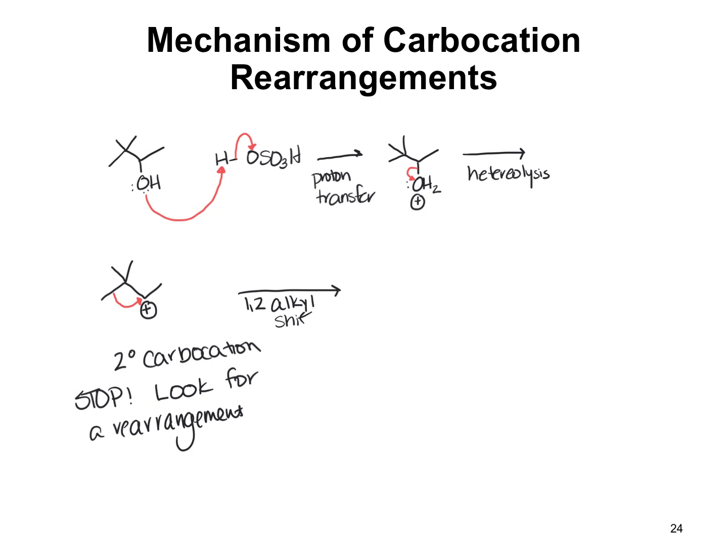When we see that 1,2 alkyl shift, now we have a tertiary carbocation. Okay. Now that tertiary carbocation gives us two different hydrogens.